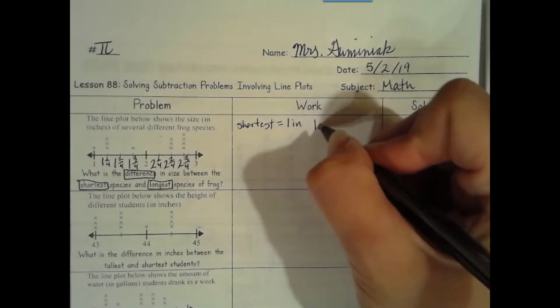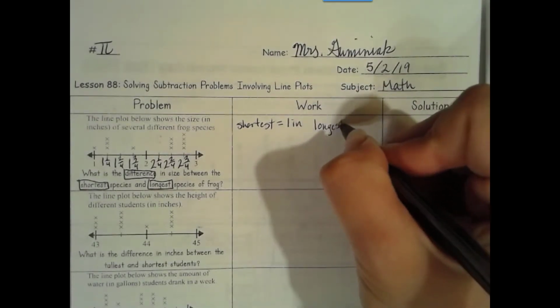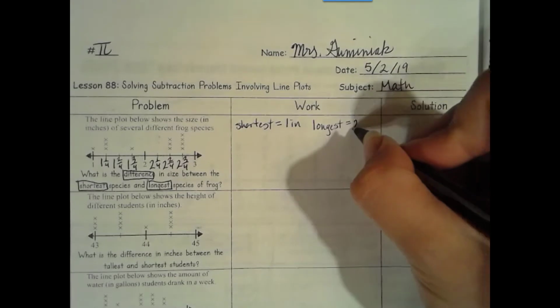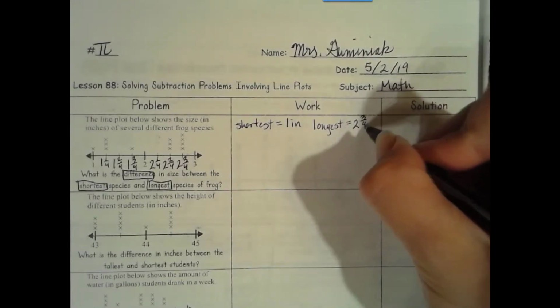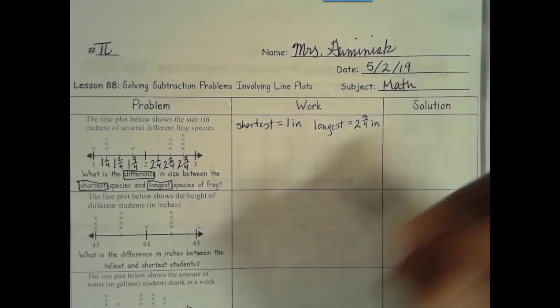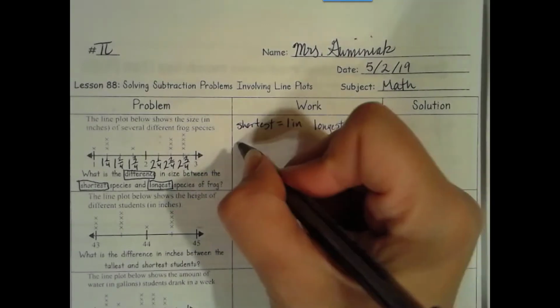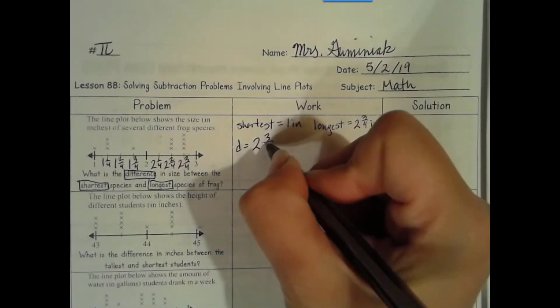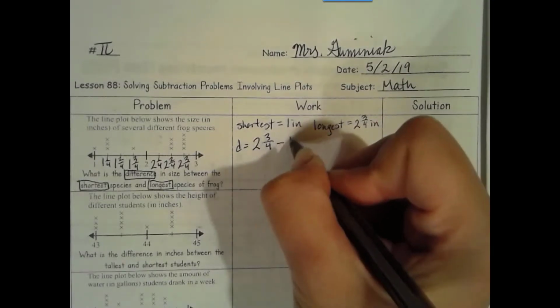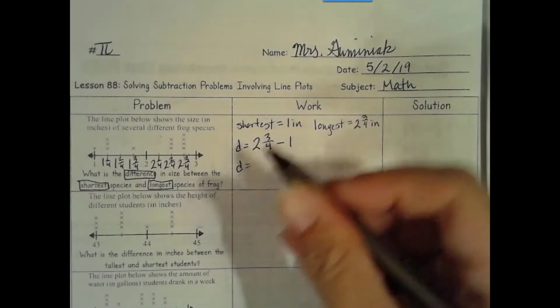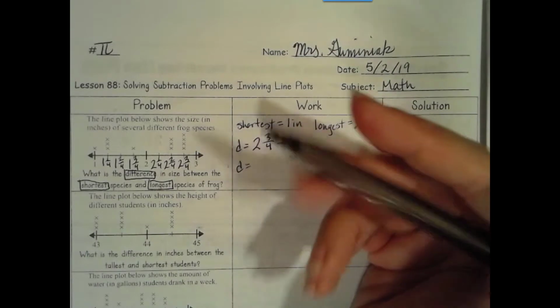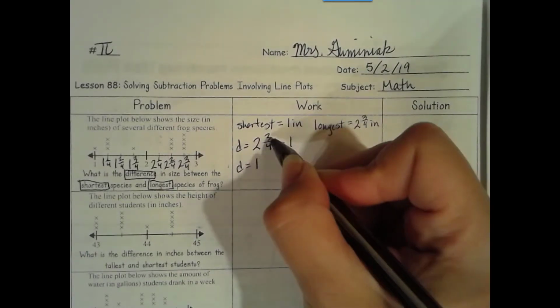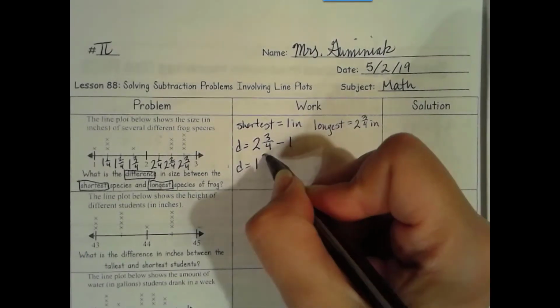Longest is 2 3/4 inches. So my difference is 2 3/4 take away 1 inch. Whole number, take away whole number is 1. Fraction, take away nothing, stays the same.